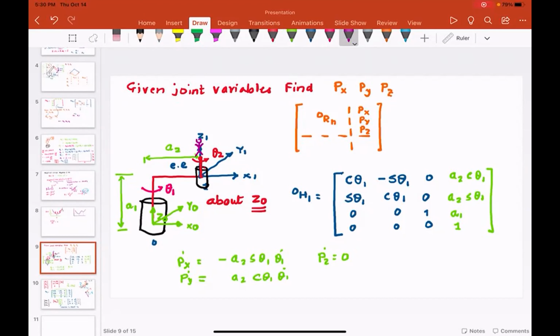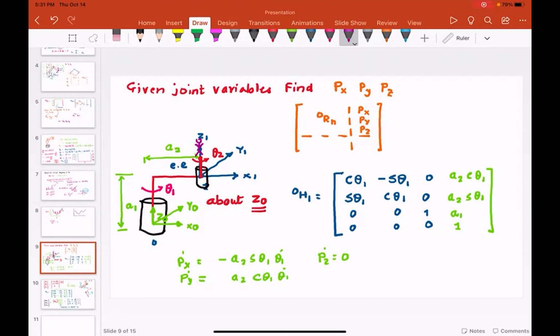Your angular velocity is no longer going to be theta 1 dot, because it's like a merry-go-round. You have one robot arm, you're standing here, but this is rotating, and along with that, this guy is also rotating. So your angular velocity will not be theta 1 dot, it will not be theta 2 dot. It will be some combination of these two. Do you agree with me?